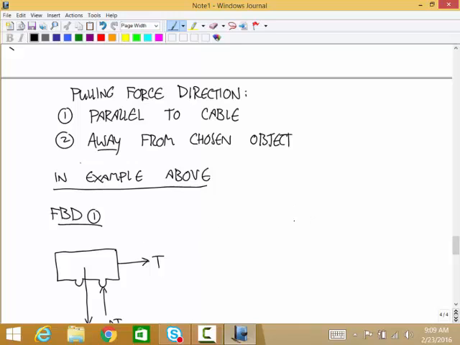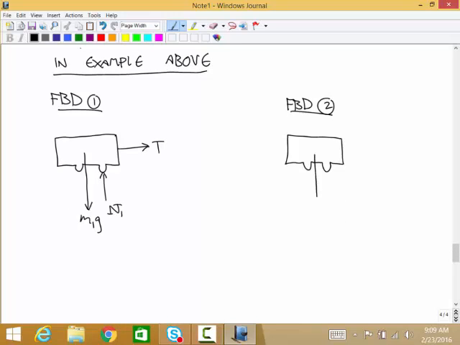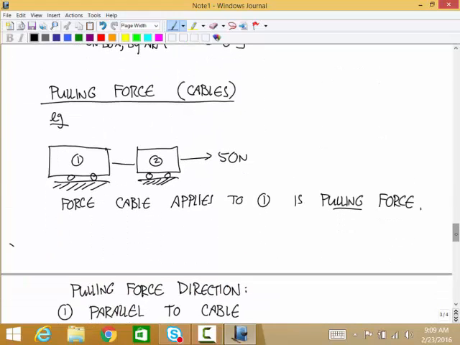Okay, so free body diagram of 2. We have the weight, M2G. We have a pushing contact, N2. And then we have the 50 Newton force on the right and a pulling force on the left.